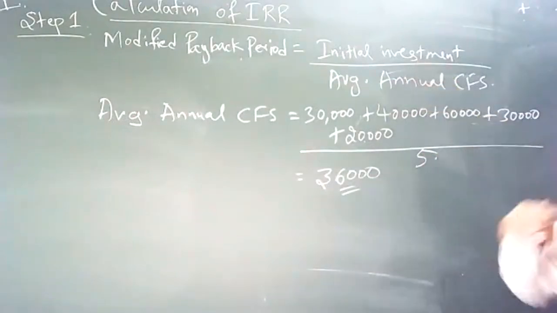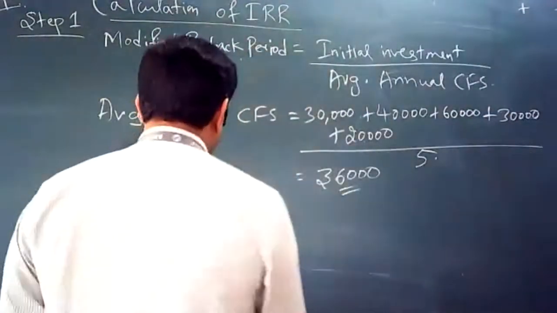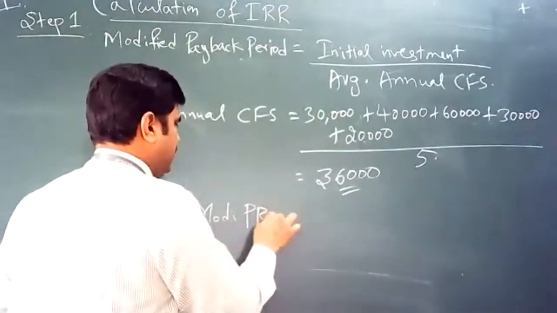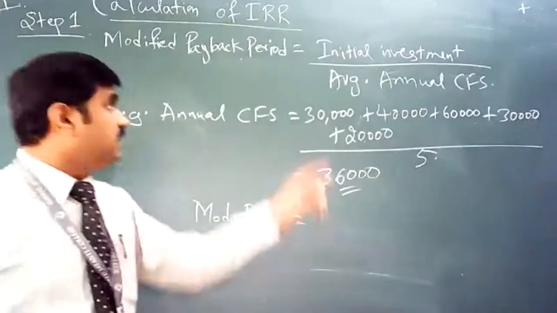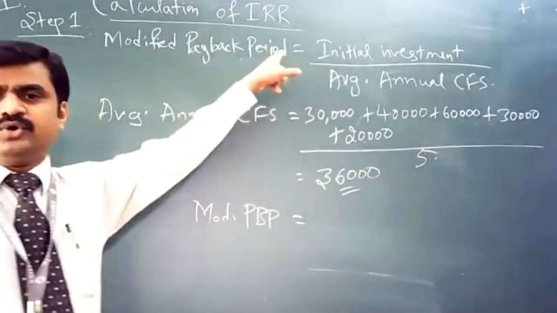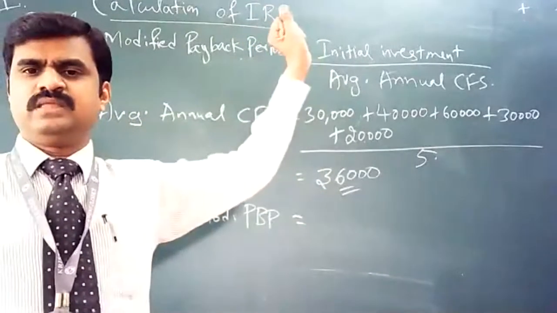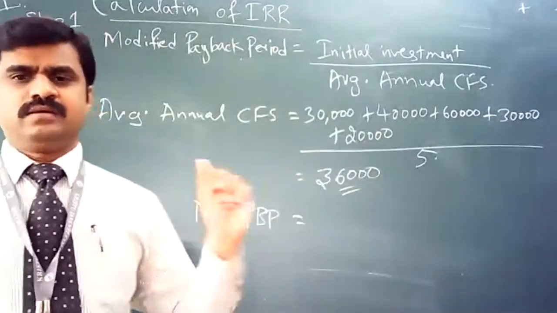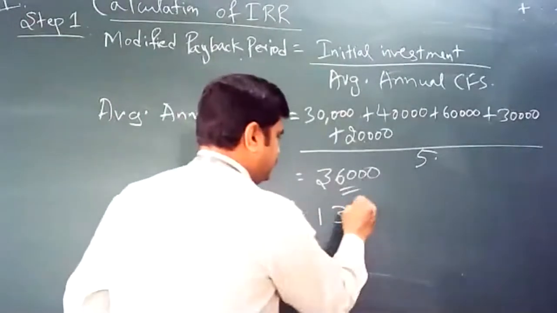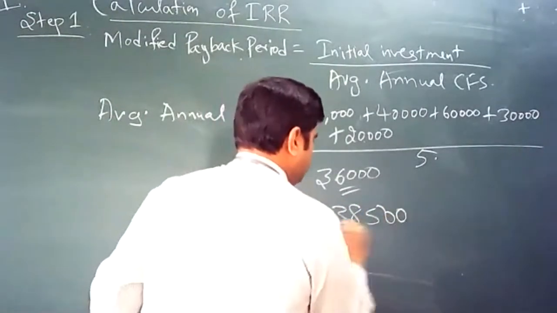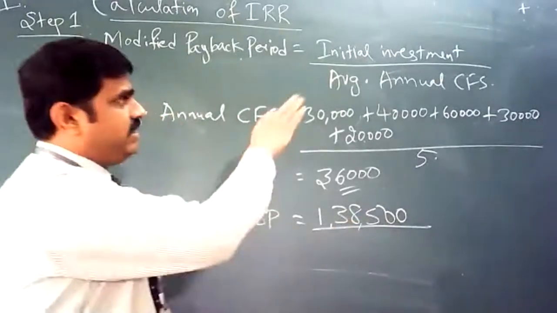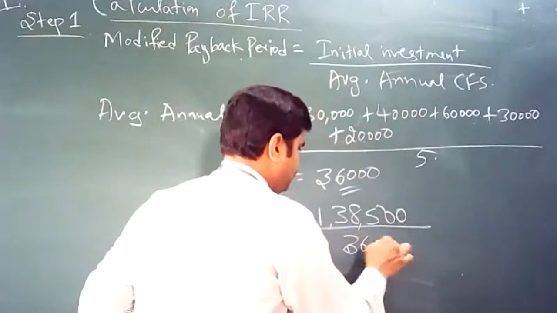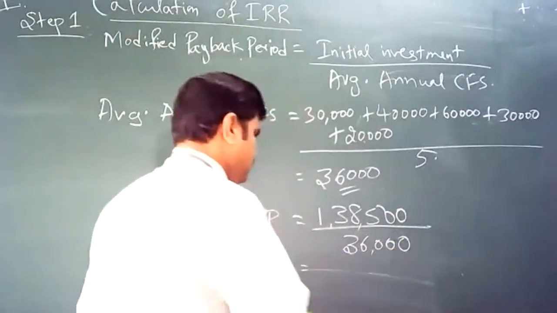Now we can calculate the modified payback period. Modified payback period equals the initial investment, which is given in the question, 1,38,500, divided by the average annual cash flow already calculated, 36,000.